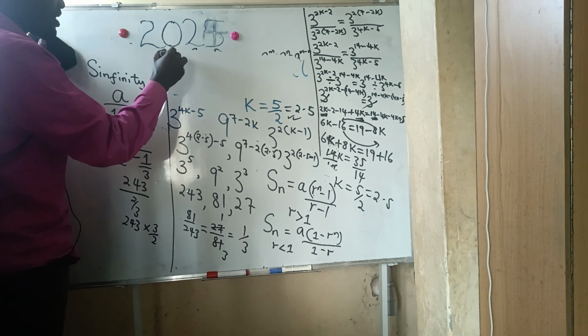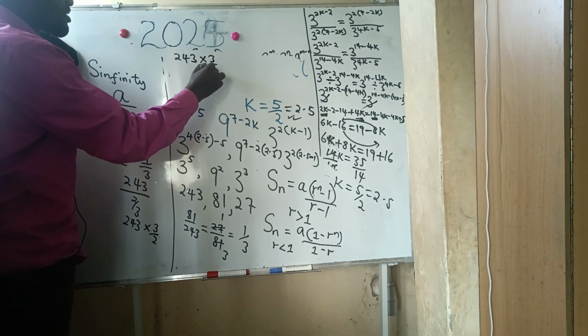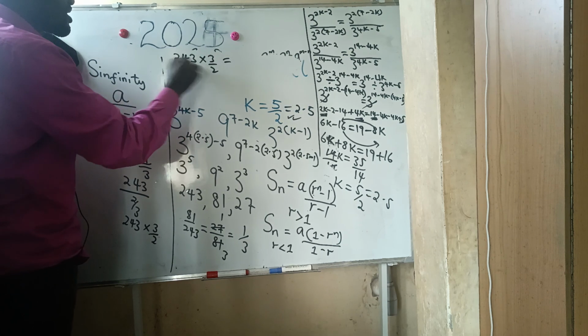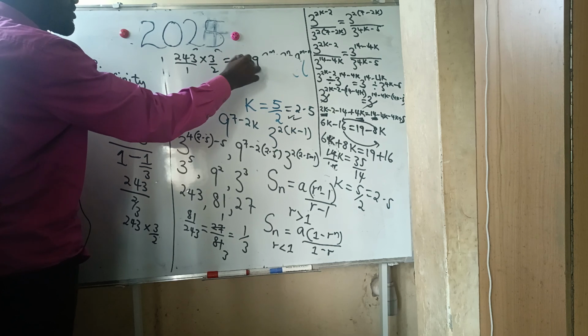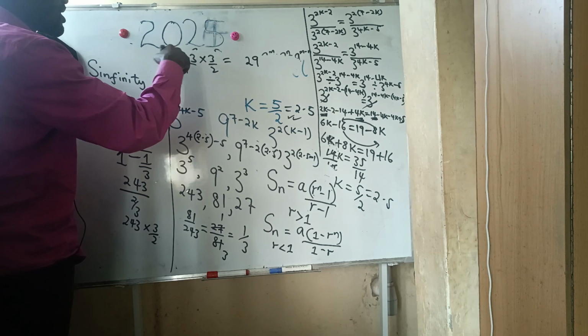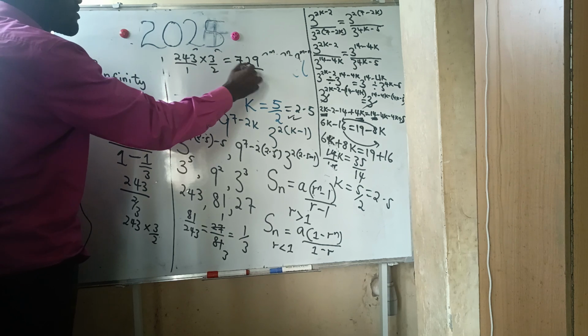So we have 243 multiplied by 3 over 2. That will be 9, that will be 12 to carry 1, then 6, 7, so 729 over 2.